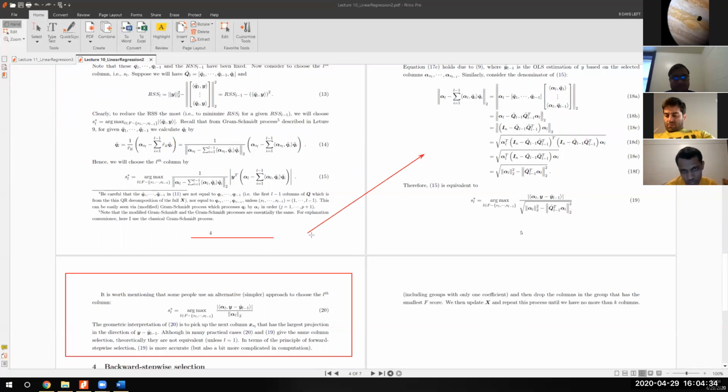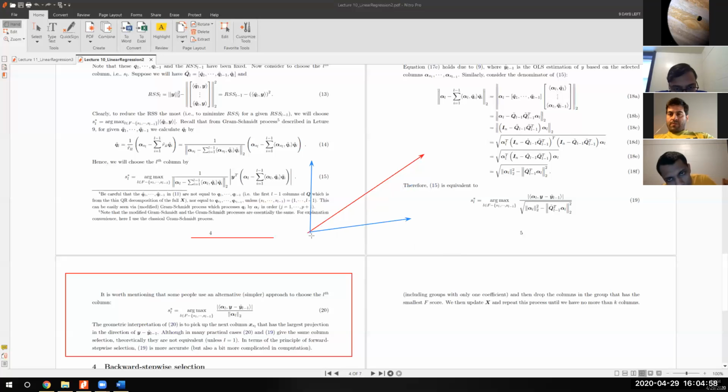Why? Because it is in this way. Suppose this is my current y minus y hat. I have so many different options. Let me use a different color, sorry. The red color means the current residual, which is y minus y hat l minus 1. And the other columns I have left are something like this. And which column am I going to choose?